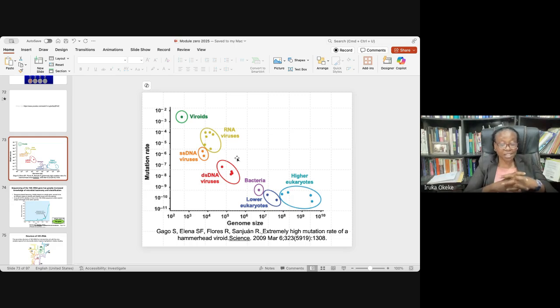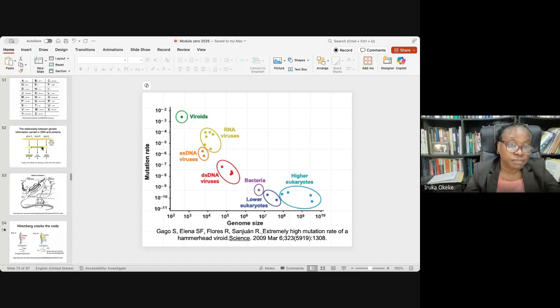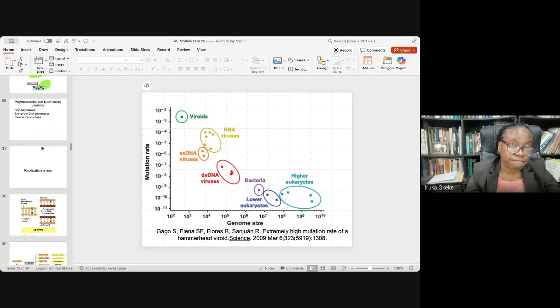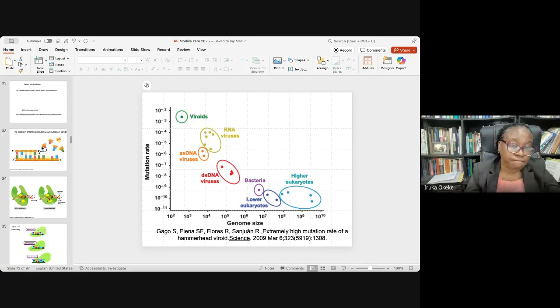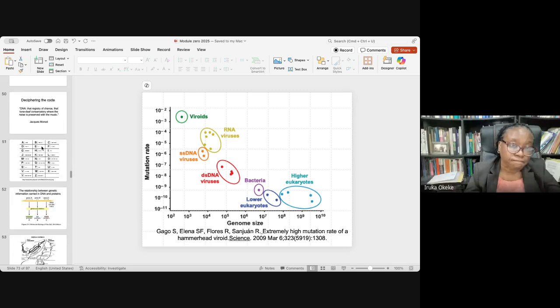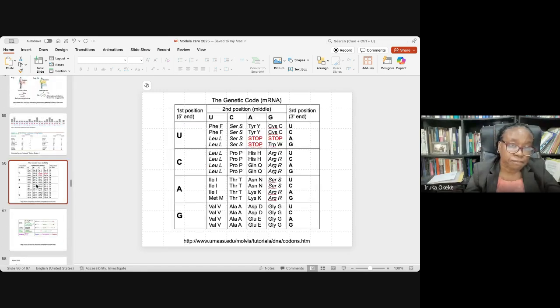Secondly, if I have a mutation in a codon, in a coding sequence, that changes a UUU to a UUC, there's no effect because I'm still getting a phenylalanine in that position.